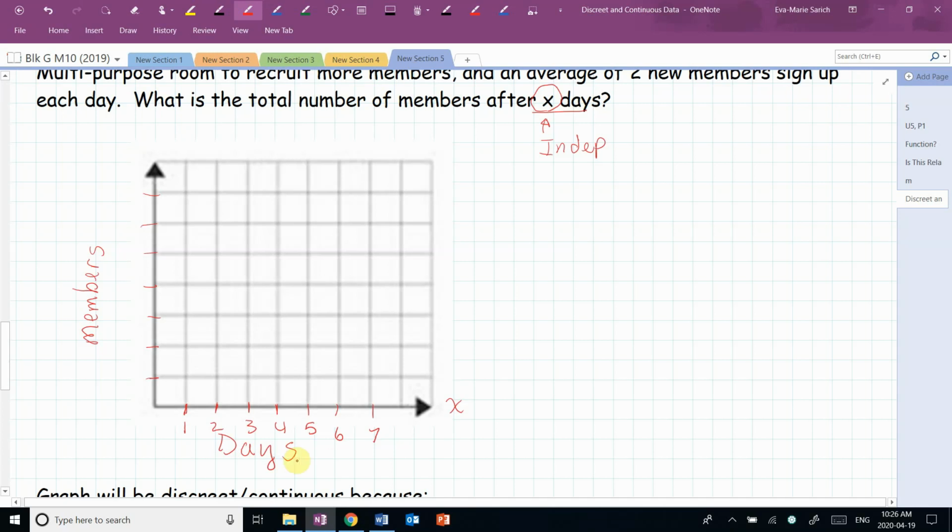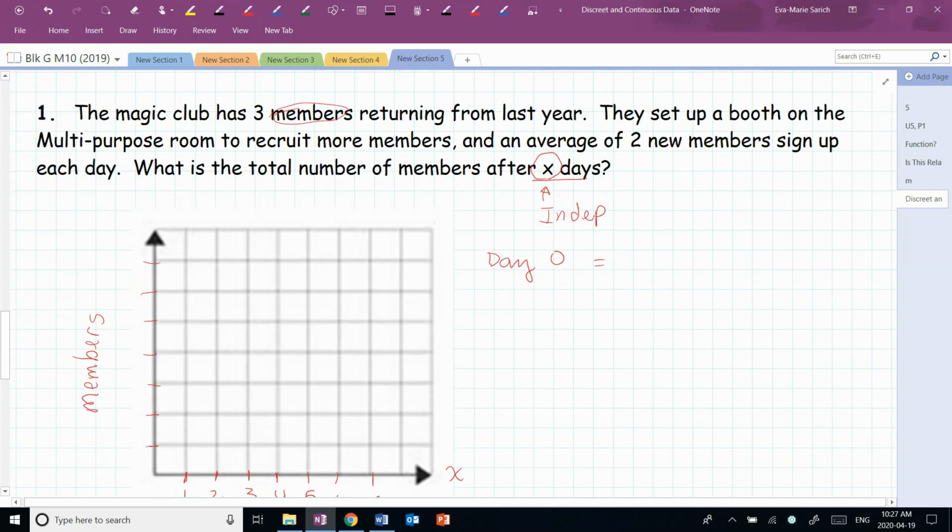Now, we know that the independent one we can start with right away because the independent determines the dependent. So the number of days determines the number of members. So we need to plot 3 pieces of data. So let's start at day 0. Okay, at day 0, remember that there were 3 members that returned from last year.